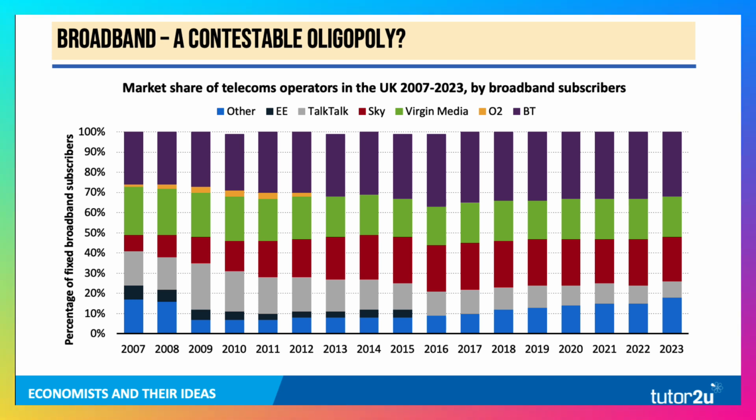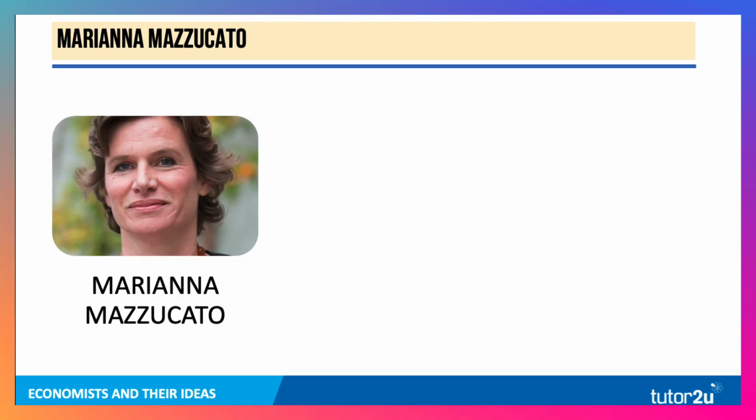BT, by the way, and EE are now one business. But you can see there in 2023, you have some big players, BT, stroke EE, Sky, Virgin Media and TalkTalk. Now, there is competition and there is scale. So perhaps this is the best market structure for economic welfare and efficiency in the long run.